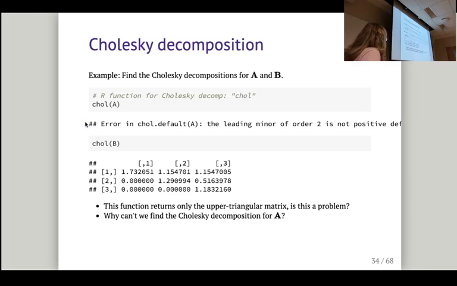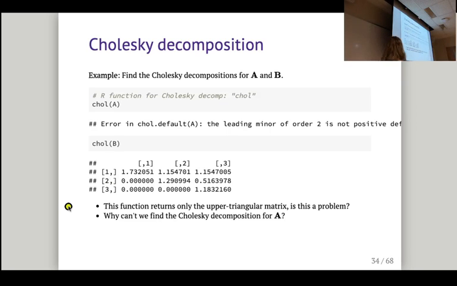To find the Cholesky decomposition for matrices in R, you use the chol function. Again, we need square matrices, and we need positive definite matrices, so even though A is square, it is not positive definite, so we should expect to see an error returned.